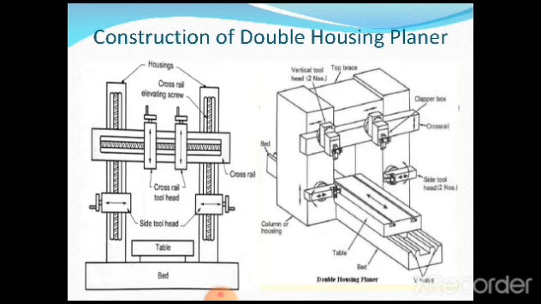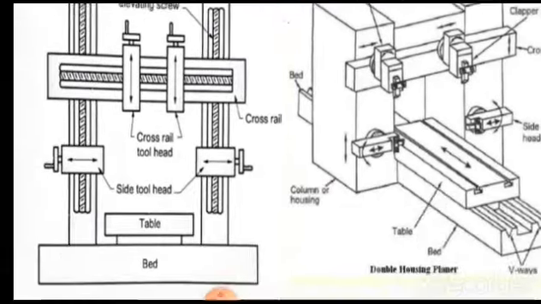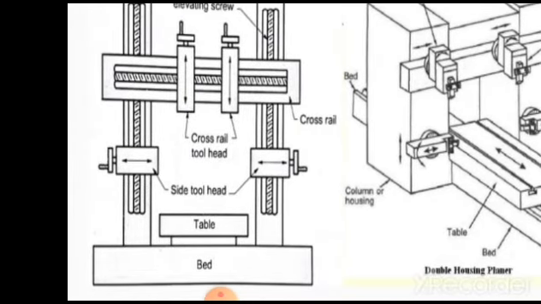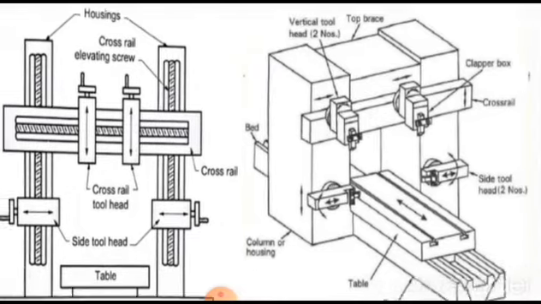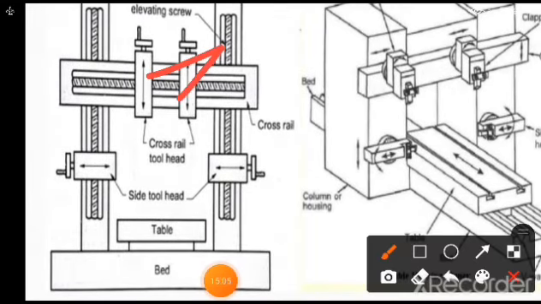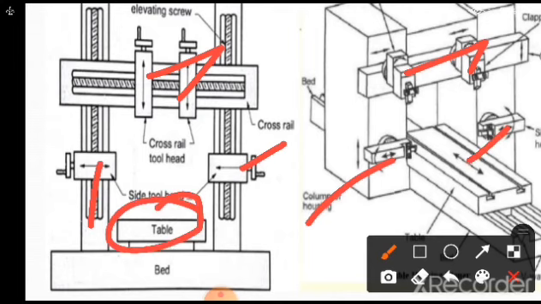Now let us understand, if you look clearly at the screen, we have shown a 2 and 3 dimensional view for better understanding of the construction of the machine. Here you can see very clearly the 2 tool heads, which are mounted on the columns. This table is also shown here, and this is the bed.